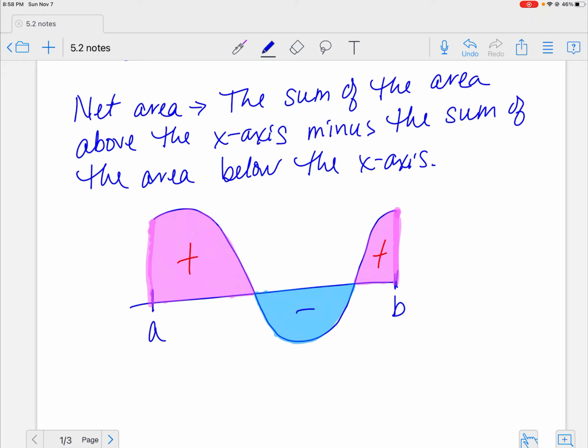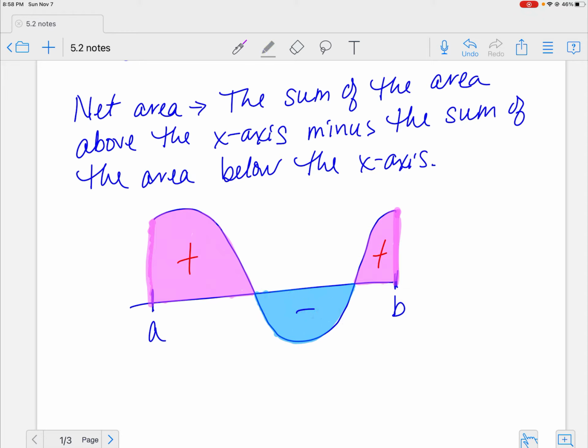All of the area above the x-axis is positive. The area below the x-axis is negative. So the net area means all of this up here I'm going to add, and everything down here I'm going to subtract. It doesn't mean that it's not going to show a negative value here, but you know you subtract it because it is below that x-axis.